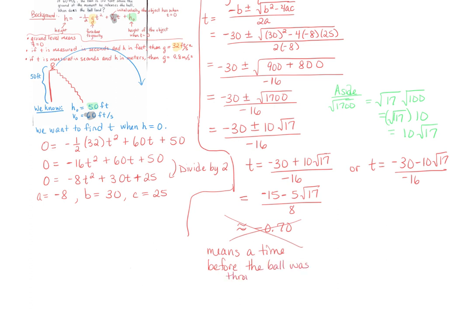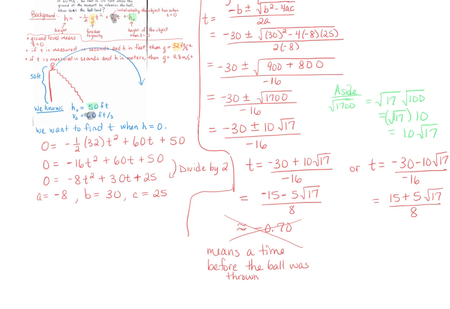And we move on to our other solution, and we hope it works. So we have negative 30 minus 10 square root of 17 over negative 16. So simplifying, these terms all have a negative 2 in common. So we're going to divide this by negative 2, this by negative 2, and this by negative 2 to get 15 plus 5, the square root of 17, all over 8.